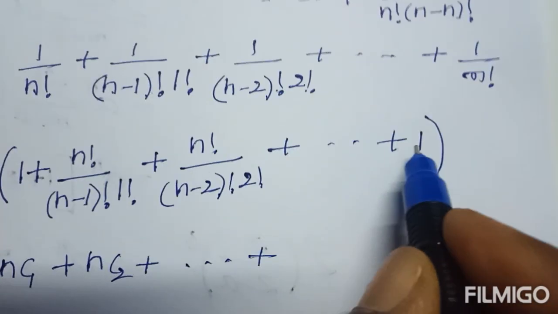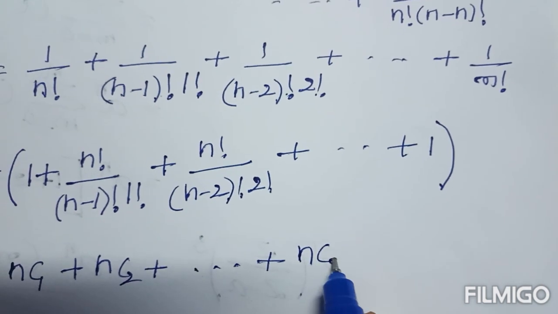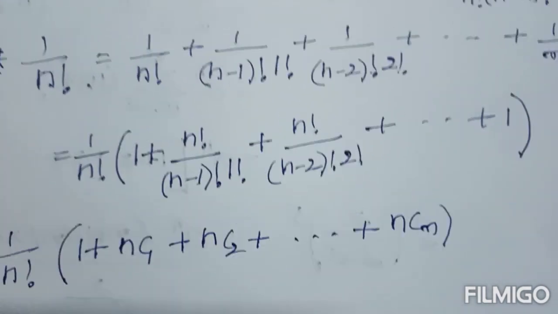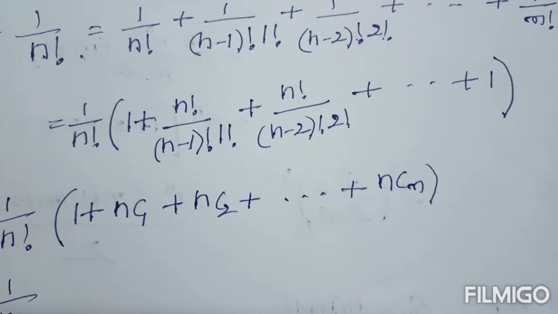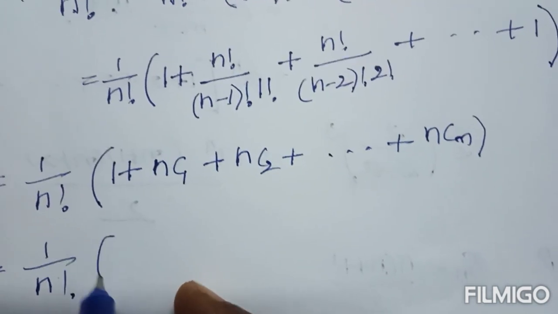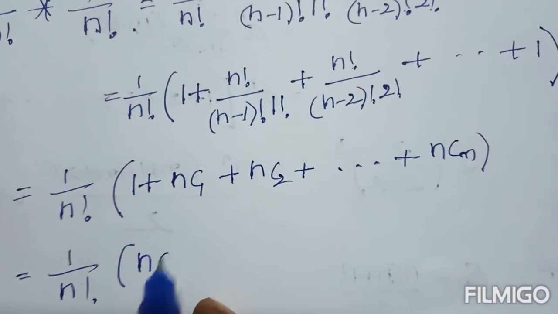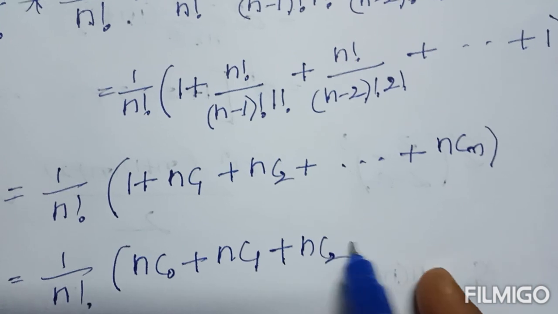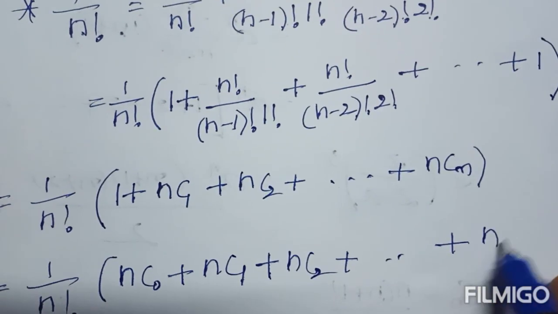For the last term, instead of 1 we can write nCn. Also, 1 can be written as nC0. So we have 1 by n factorial times nC0, nC1, nC2 plus and so on up to nCn.